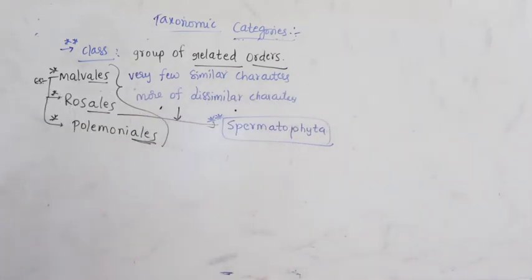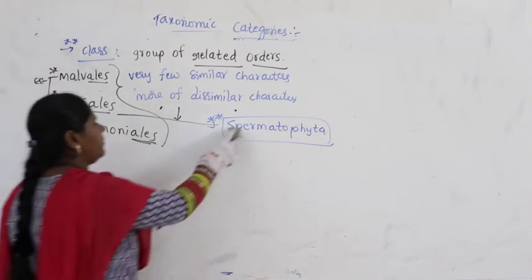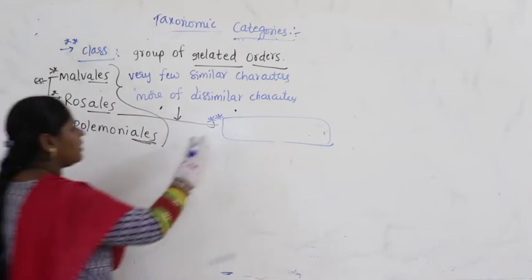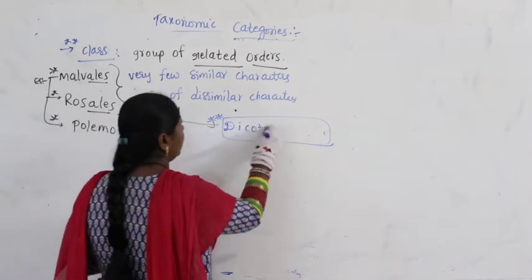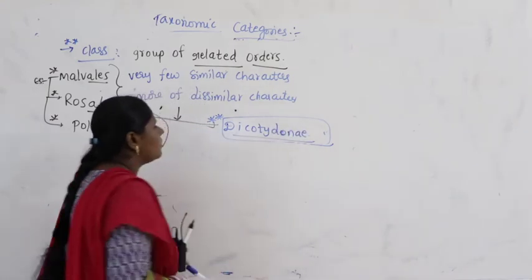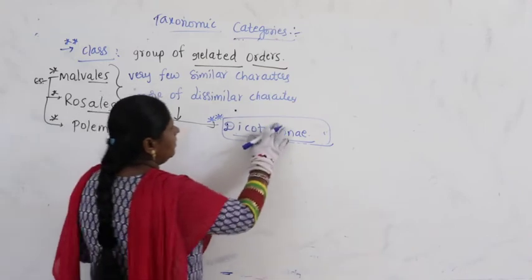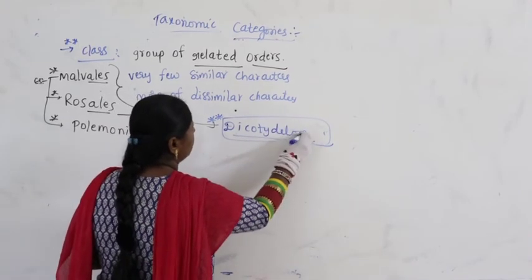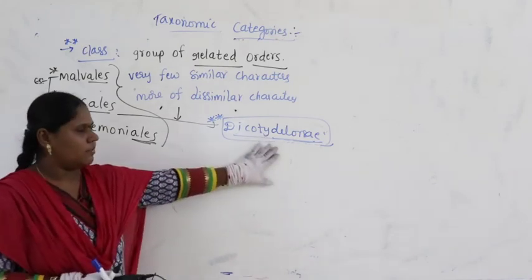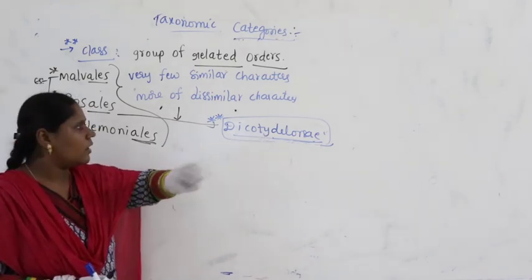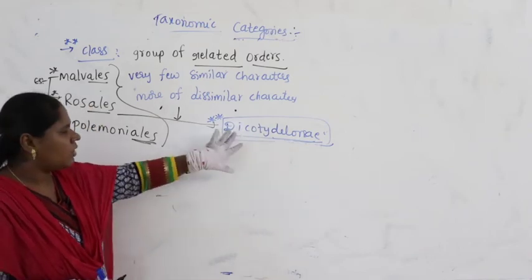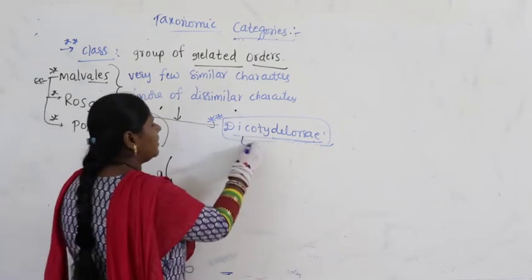We get it as Dicotyledonae. I thought division, but we are still in the class. So we have to take Dicotyledonae, meaning they are all dicots. Dicotyledonae is nothing but a class.